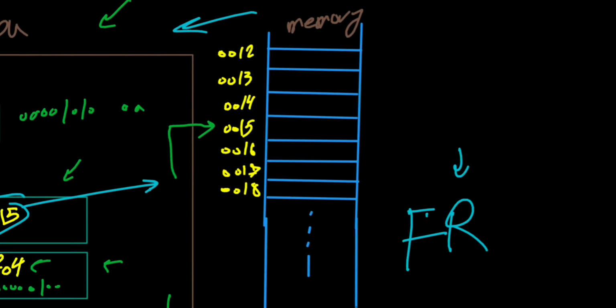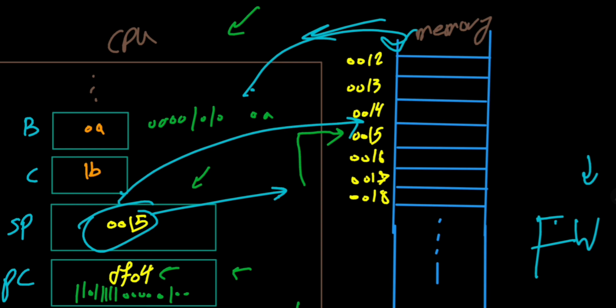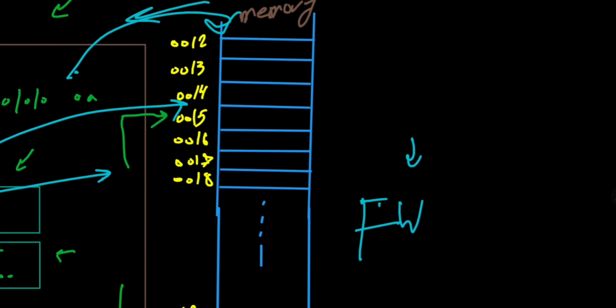Sorry, I said this is read. Actually, this should be write, right? Because from CPU to memory is write, and from memory to CPU is read. So currently we are writing from CPU to the memory. And then another write would finally be done.